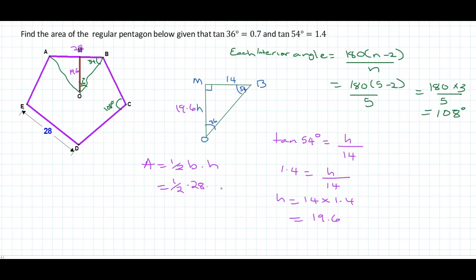Your height is 19.6. So we're going to go ahead and simplify this. So let's go ahead and divide right here. So we have 28 multiplied by 9.8. Let me do that right here. Yeah, we can do that right here. So 28, and then we have 9.8.